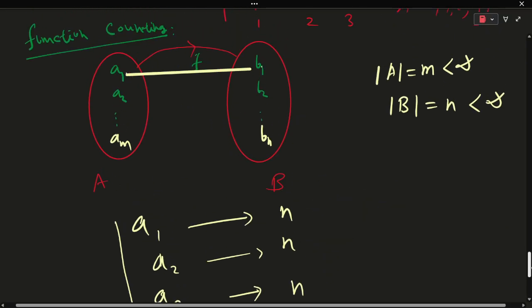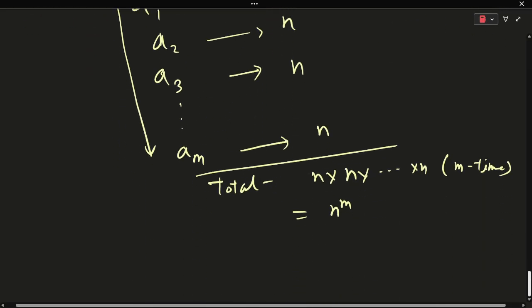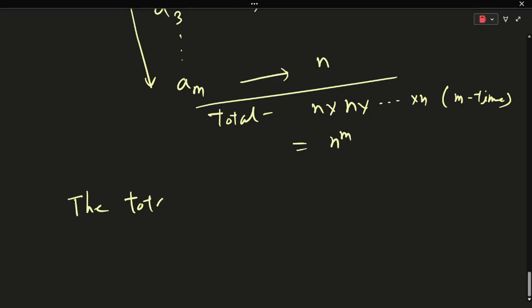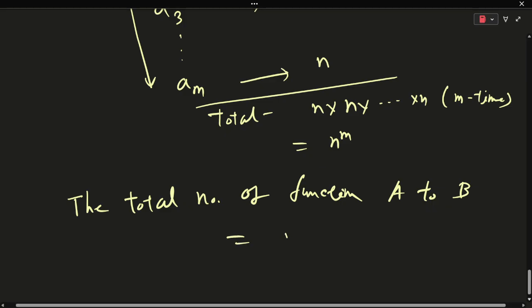The cardinality of B, and m is the cardinality of A. So the total number of functions from A to B is n power m, that means the cardinality of B to the power of the cardinality of A.